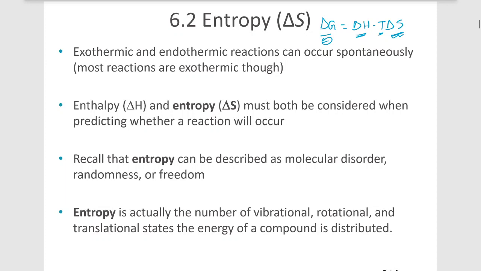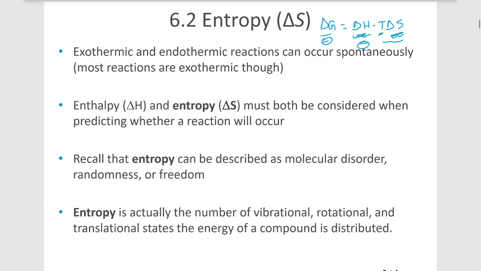Most of the time, our enthalpy term is larger than the entropy term, so our delta H term in this equation is going to be larger than the T delta S term, because entropy is usually a very small number compared to the enthalpy term. So if our reaction is exothermic, or delta H is negative, then our delta G will usually be negative. But occasionally we get a competition there, and so we need to understand what entropy is and how it relates to our equation.